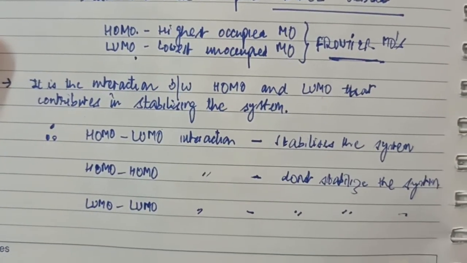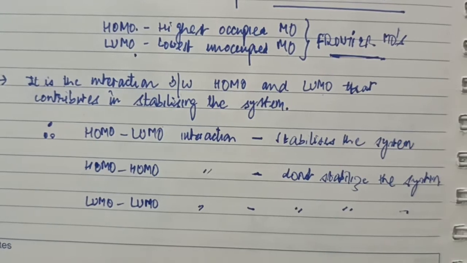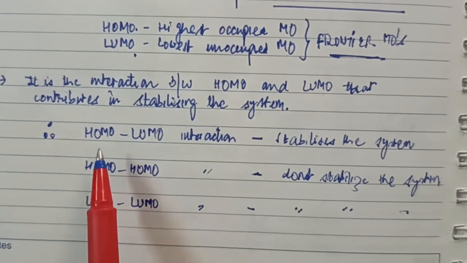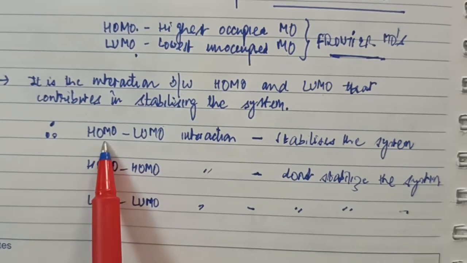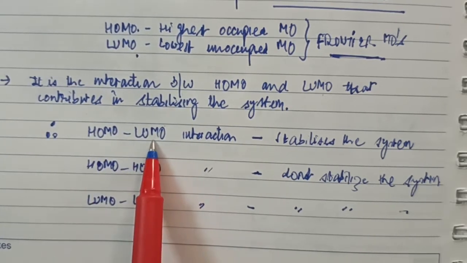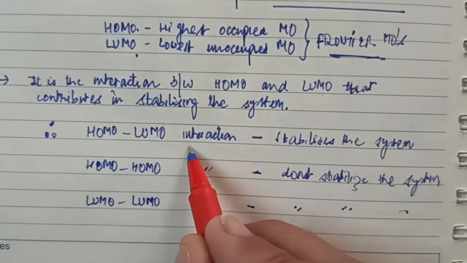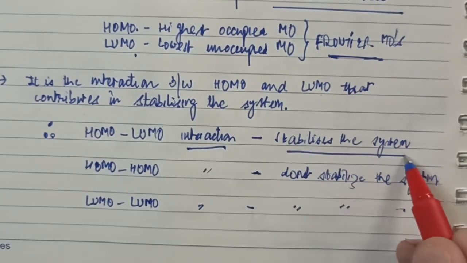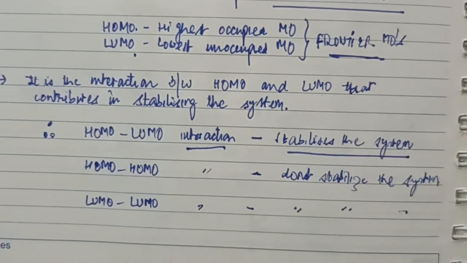Largely speaking, these are the various kinds of interactions which are possible when two reactant systems interact with one another. The first interaction we've already talked about: HOMO of one reactant with the LUMO of the other. This perturbation stabilizes the system and lowers its energy.